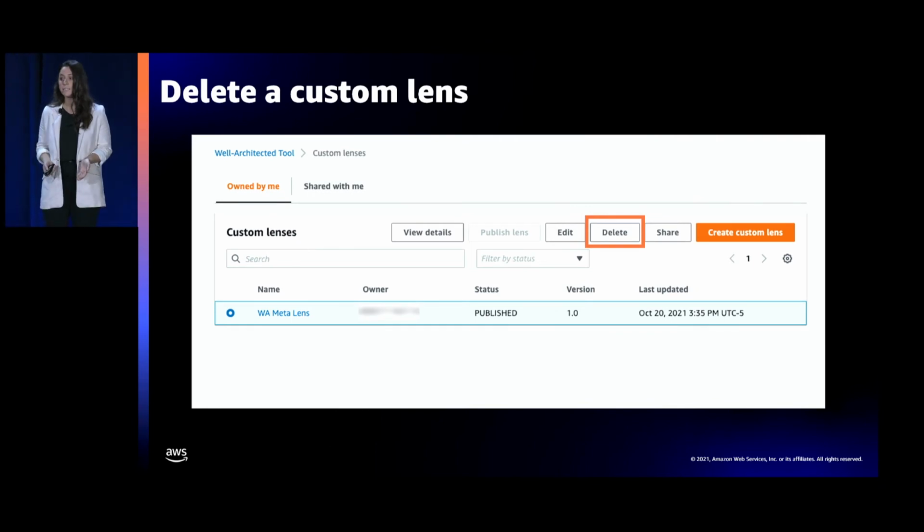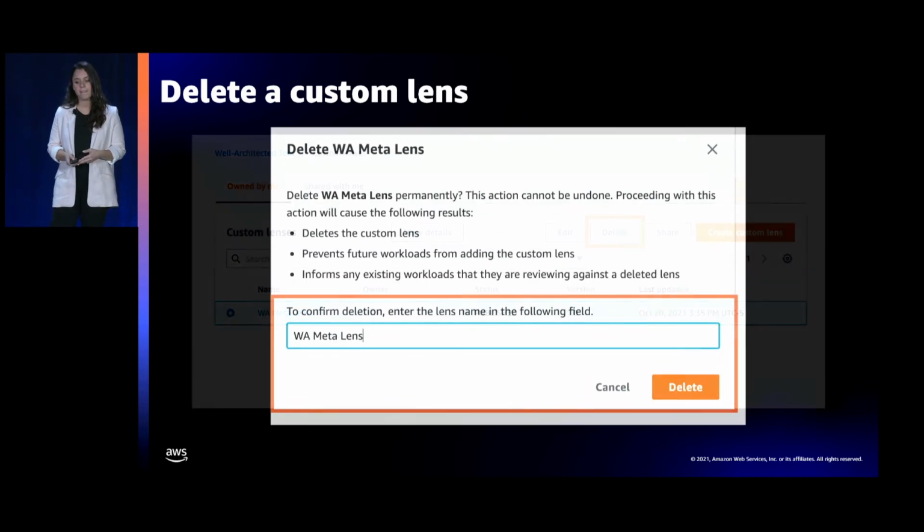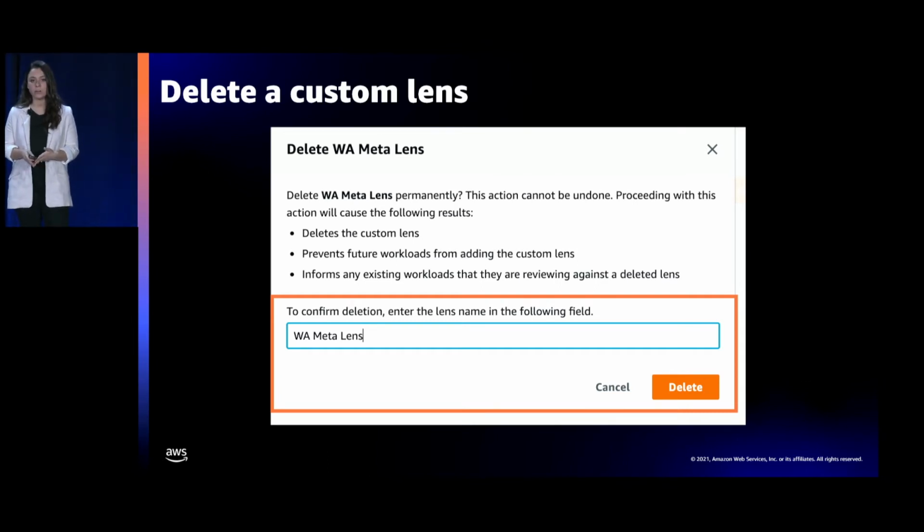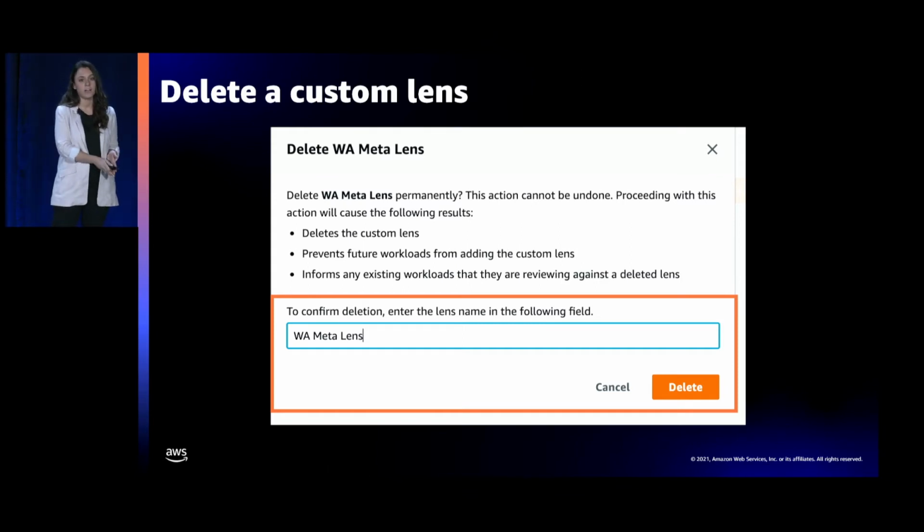You also can delete your custom lens if you choose. If you choose to do that, you can go into your Owned by Me section, click on your lens, and click Delete. An important thing to know here is that if you delete your custom lens, whoever has that lens applied to their workload already will still have access to your lens content.